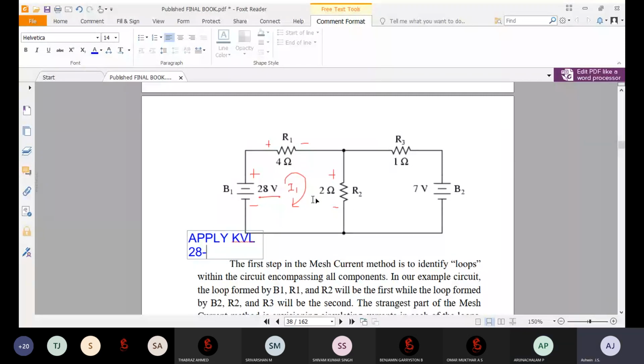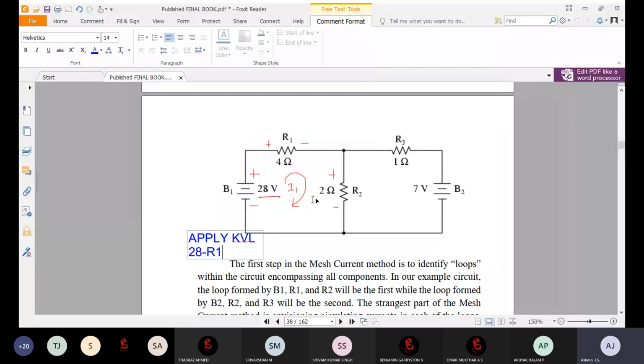Here I1 I'm going to represent as it is, and R1 I'm going to multiply with I1. So I1 into R1, and that is nothing but V, right? So I'm going to represent the voltage across R1 in terms of the resistor R1 and the current I1.